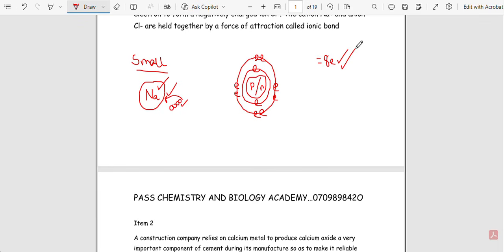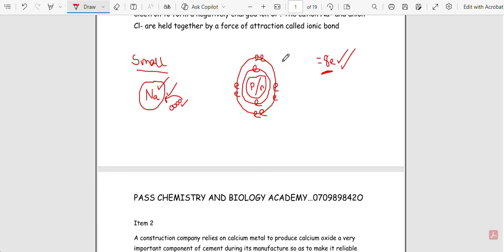If it has 8 electrons in the outermost shell, it cannot react, it is stable. But whenever it has electrons that don't reach 8 in the outermost shell, it is unstable. So what does it do? It bonds with other atoms so that it can form this stable electronic configuration.